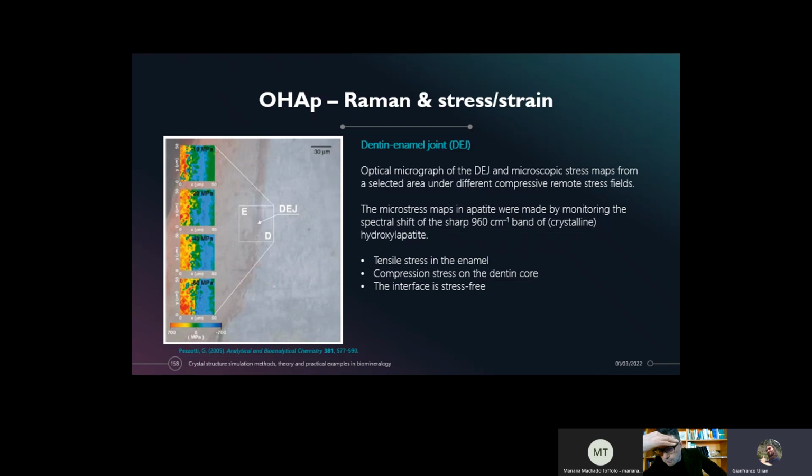For ions, no, because ions are spherical, and the polarizability of a sphere is isotropic. So you cannot change the polarizability, and you cannot measure the variation of polarizability and a Raman signal from an ion. But if you have some nanoparticles, maybe yes, it depends on the kind of system.